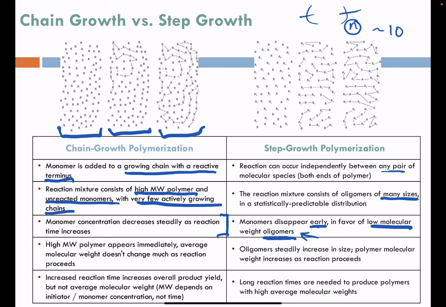These oligomers will only steadily increase the size of the polymer molecular weight as the reaction time proceeds, and typically these reaction times have to go very, very long to build appreciable molecular weight that is competitive with chain growth polymerization, sometimes weeks of reaction time versus minutes or hours for the chain growth example. So, as said here, long reaction times are going to be needed to produce polymers with that high molecular weight if we're to make a step growth chain competing with the chain growth option.